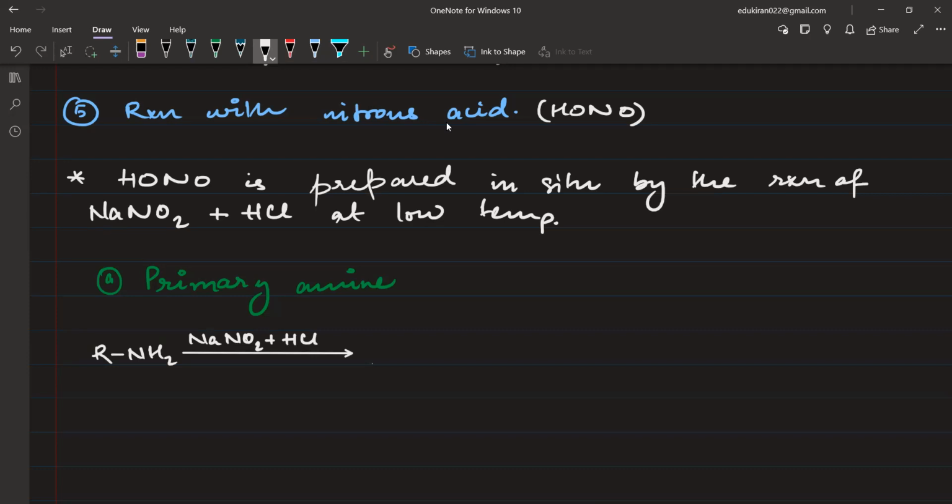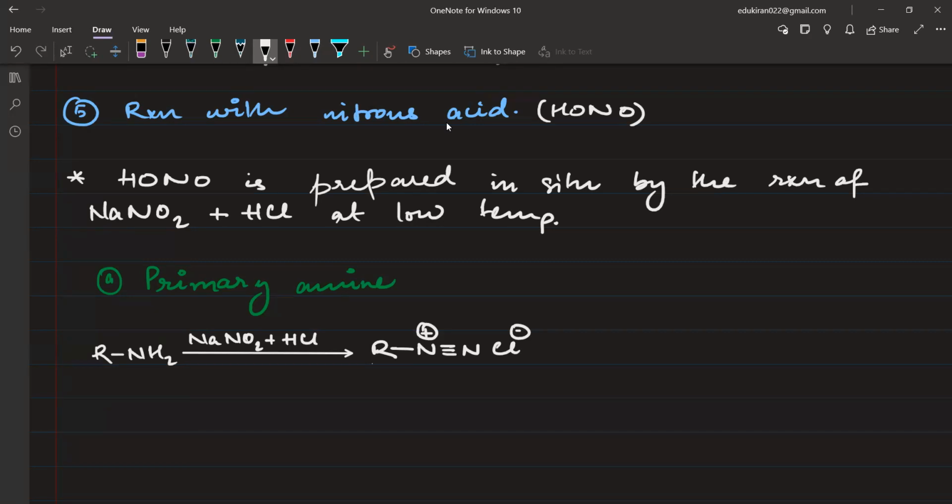We get R bonded to nitrogen, which is triply bonded to another nitrogen with a positive charge on this nitrogen atom, and Cl negative. The Cl negative is coming from HCl. This is an alkyl diazonium chloride.